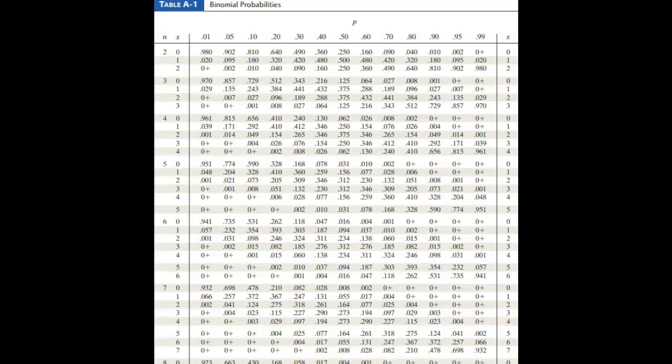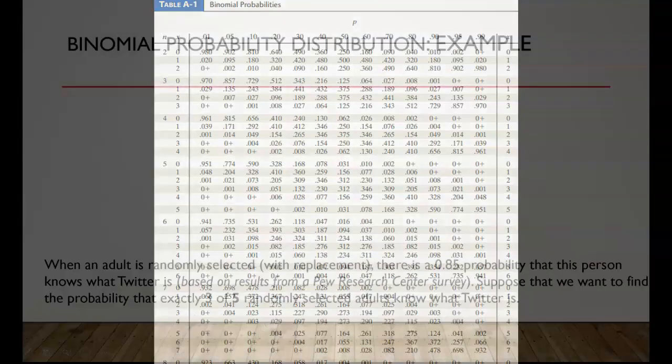Binomial probability distribution can also be found by using Table A-1. We will look at how to find it using StatCrunch and a TI graphing calculator, because technology makes it so much easier, and you will see it in the following example.